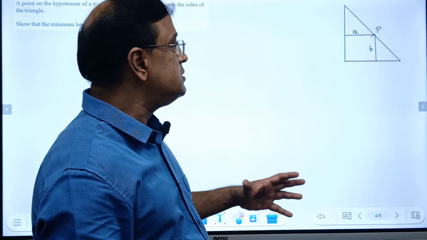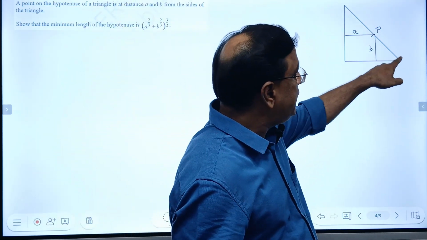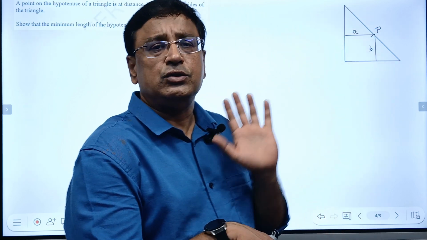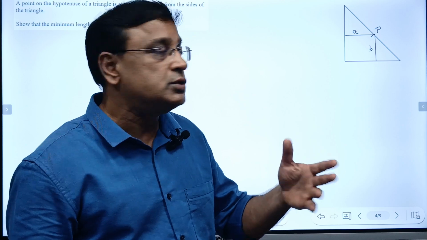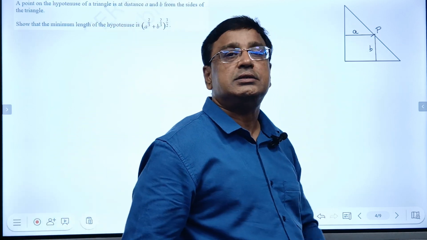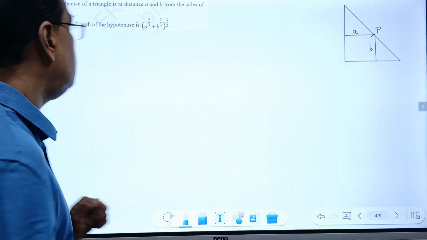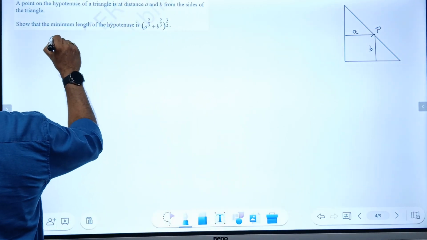Or if I choose this as A, this will be B. Now the question is simple. It's a right angle triangle given. I choose a point P. Wherever I want I can choose. But wherever I choose, it should always be at a distance small a and small b from the sides. That is given to you. So that means A and B are constants.